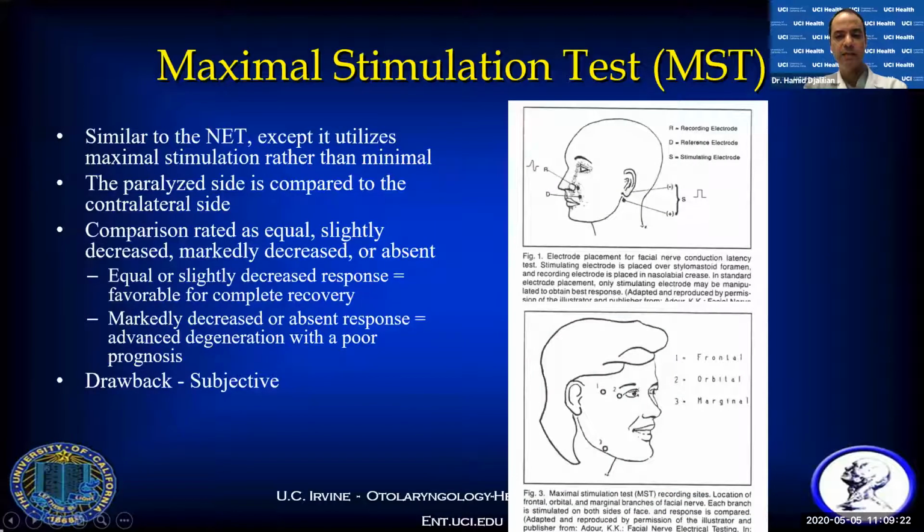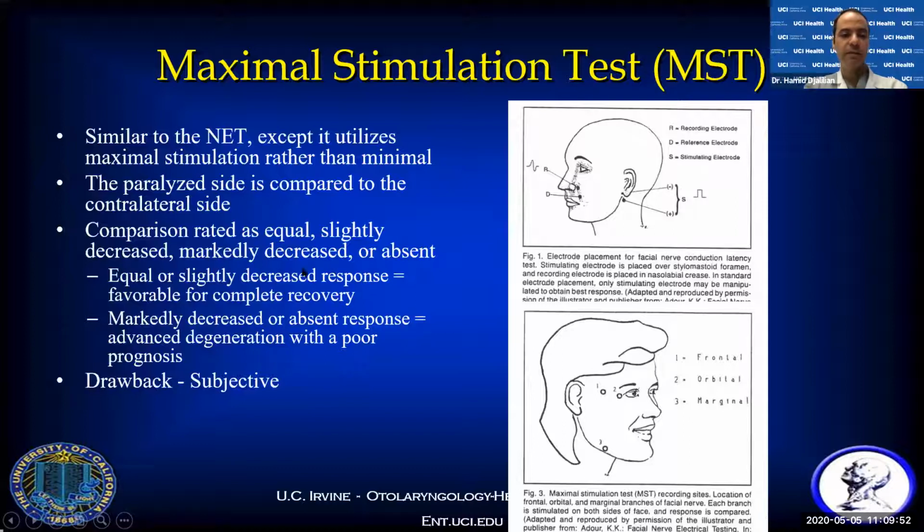The other test is the so-called maximal stimulation test, which is essentially similar to the NET, but here you're trying to get the maximal amount of stimulation rather than the minimal amount of stimulation. And again, you subjectively compare the two sides, and the comparisons are subjective, which is equal, slightly decreased, markedly decreased, or absent.